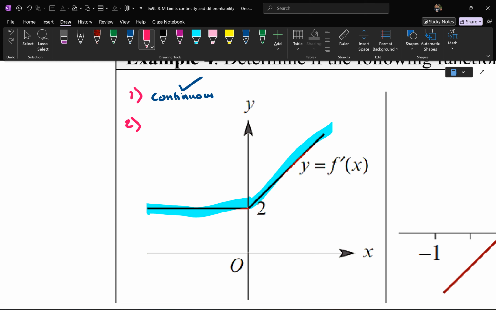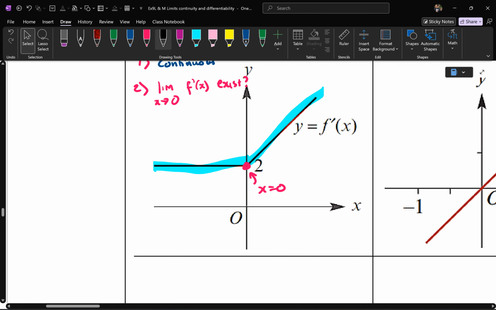Number 2 though, is the gradient, as I'm approaching that particular value, so in this case, looks like at x equals 0, as I'm approaching from the left and from the right, is the gradient the same? So here, limit of x approaching, in this case 0, for f dash of x, does it exist? Does it exist? So here we go, let's test it.